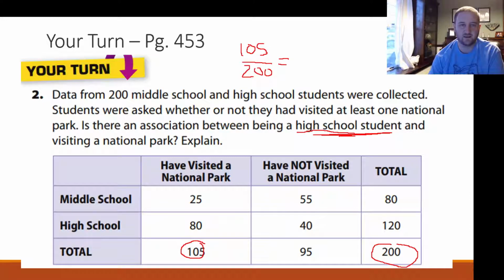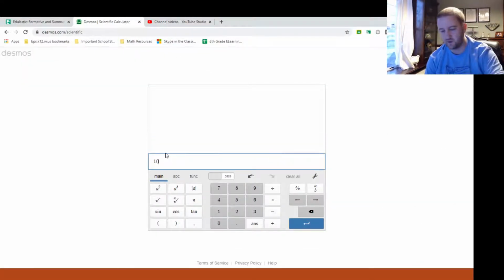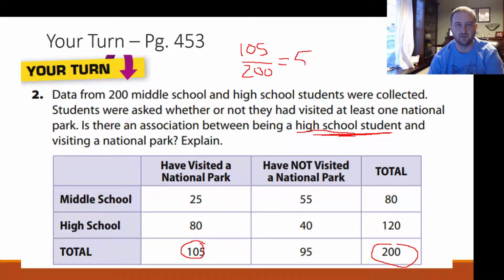Let's use a calculator to figure out what this percent is. 105 divided by 200 is about 53%, so approximately 53%.